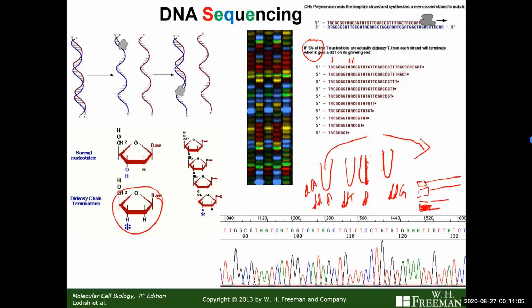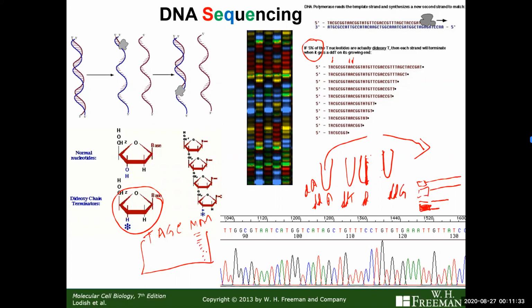Similarly, you will generate different sizes from this tube depending on where the T's are, different sizes from this tube depending on where the different C's are, and so on and so forth. And you will run them in 4 lanes. Your gel will have a T lane, an A lane, a G lane, a C lane, and a molecular marker. The marker will have a resolution of 1 base.